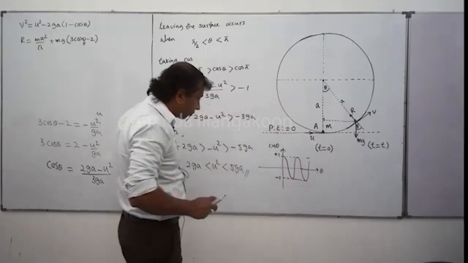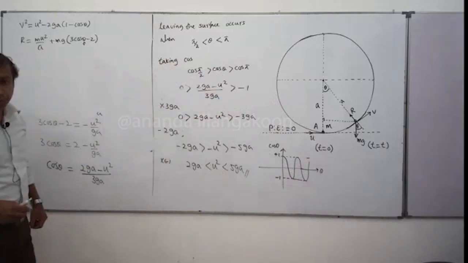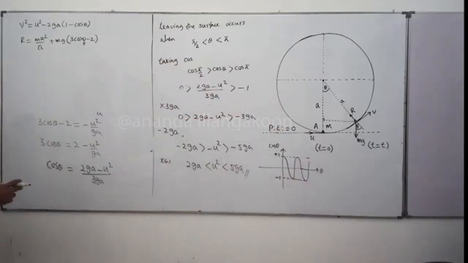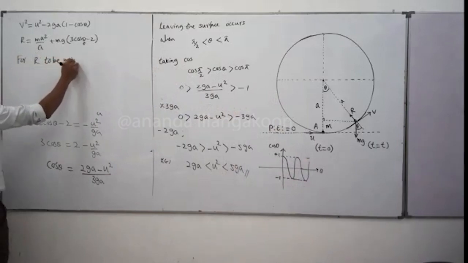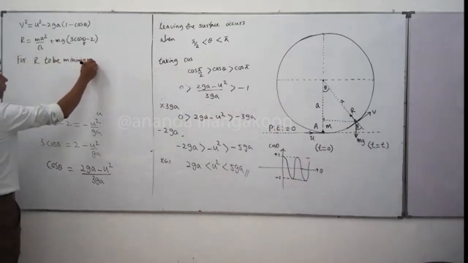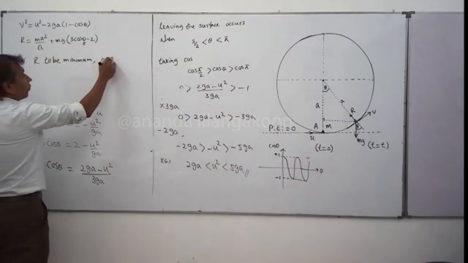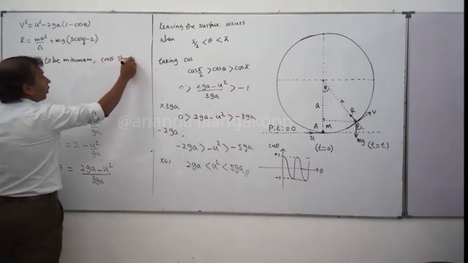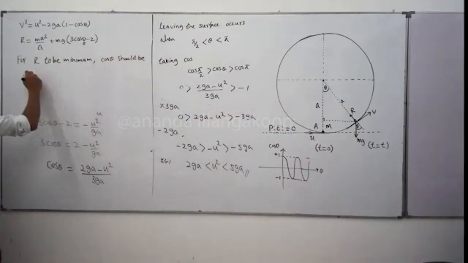Then the minimum value cos theta can take is minus 1. So you can write, for capital R to be minimum, cos theta is the minimum.